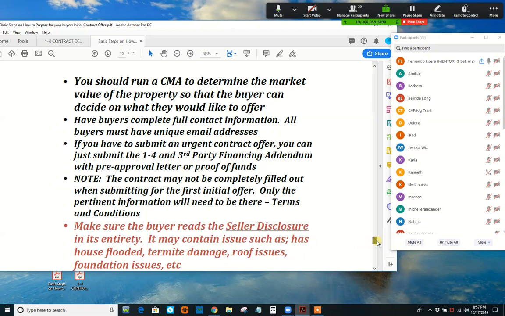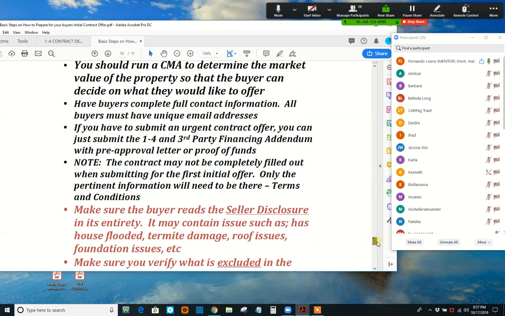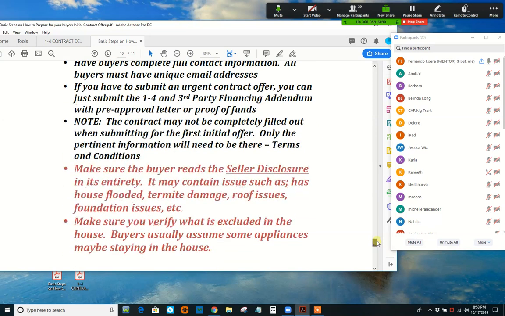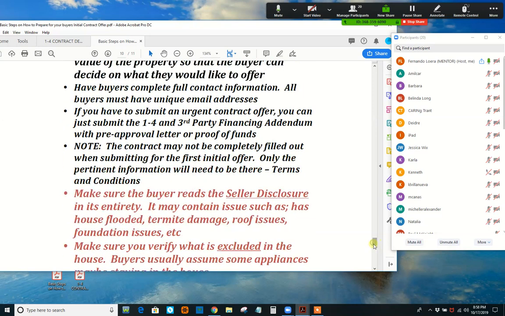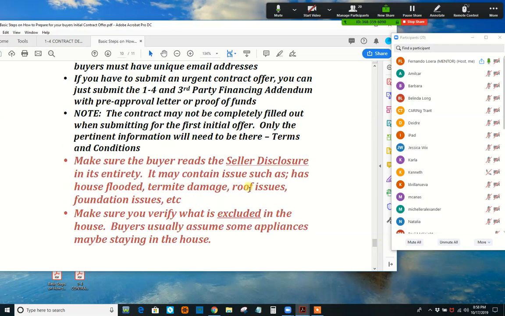The contract may not be completely filled out. It doesn't have to be. There are going to be some missing parts, but that's okay. Of course, in your training, make sure that the mentor looks over it. And then in red, I have two bullet items that are important. Make sure the buyer reads the seller's disclosure in its entirety.